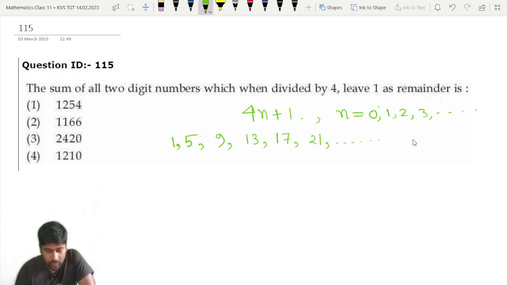And how long will it go? So we have to find the sum of all two-digit numbers. So it will start from 13, and where will it end? 98 is divisible by 4 or not? 98 is not divisible. 99 is not divisible. 94 is not divisible.